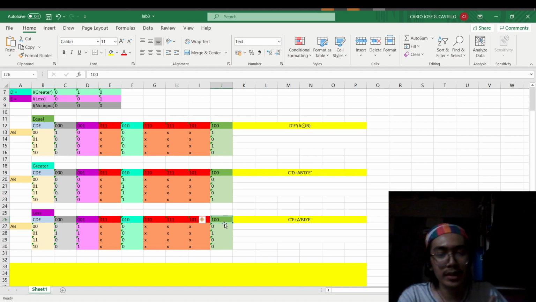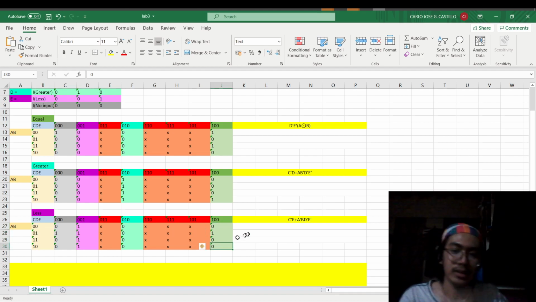So now we look at the case where A is less than B for this circuit. The only case where it is true is when A is 0 and B is 0. So we put a true value right there, and the rest will be 0.